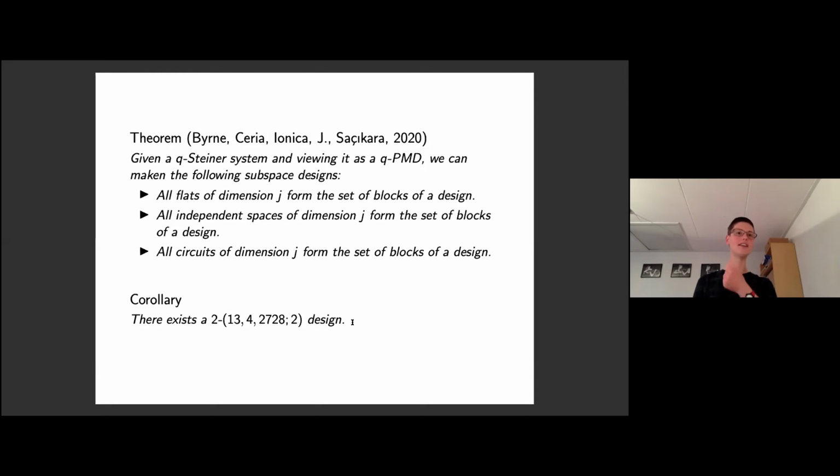So this only non-trivial q-Steiner system that we had, we plugged it in our theorem, and the parameters that came out of it were parameters that were not known to hold a subspace design. So we found a new one. So it definitely helps if you view your q-Steiner system as a q-PMD, because this matroid structure actually helps you in finding new designs.